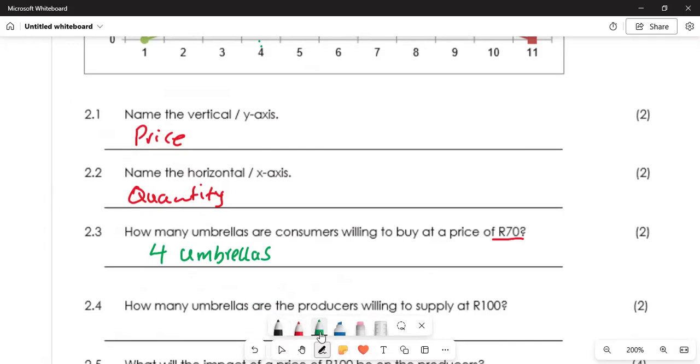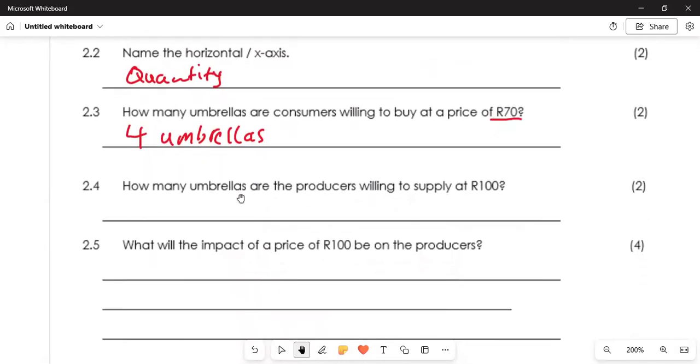Let me use the same ink that I used, which is red. 4 umbrellas. And moving on, how many umbrellas are the producers willing to supply at 100?